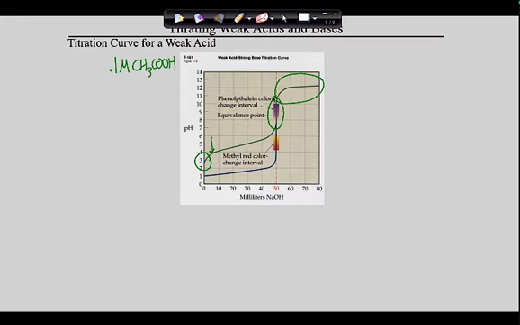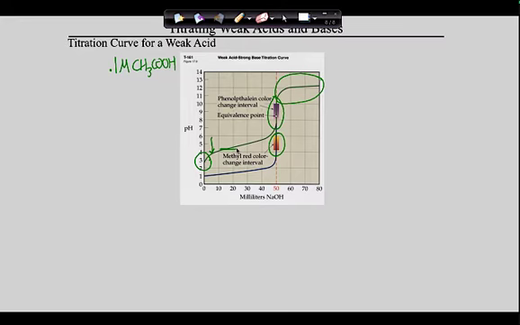And so you're right that this change would not be caught by methyl red, because methyl red would actually change color all the way back here and give you really wonky results. But what do you notice about where equivalence is reached? Two thoughts, right? It still is reached at 50 milliliters.